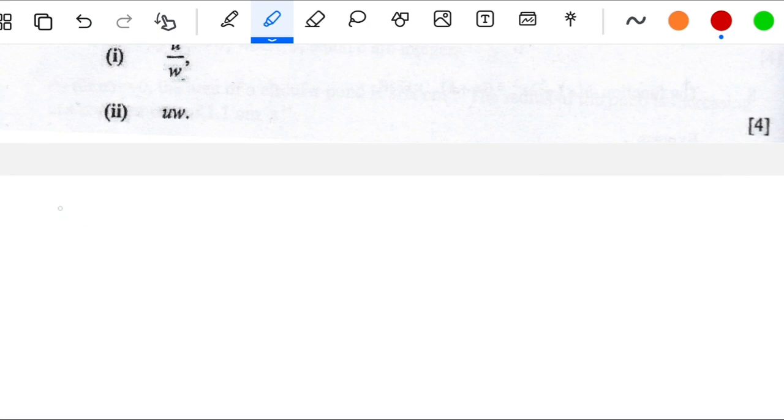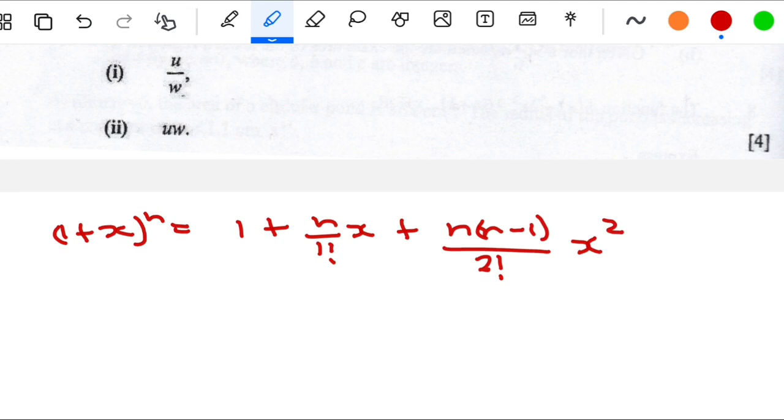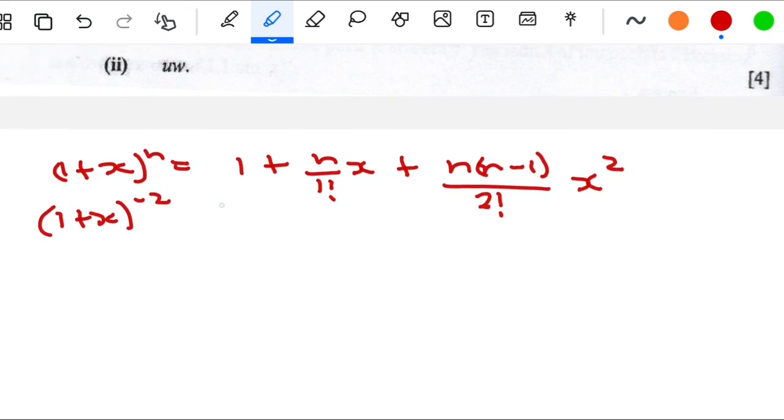Our formula for the (1 plus x) to the n expansion equals 1 plus n over 1 factorial x plus n times (n minus 1) over 2 factorial, then x to the power of 2. Okay, so let's take our first one, which is (1 plus x) to the negative 2.